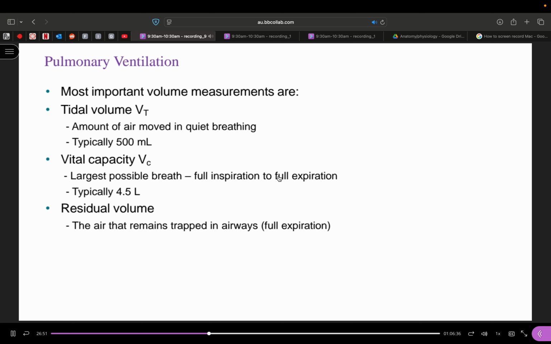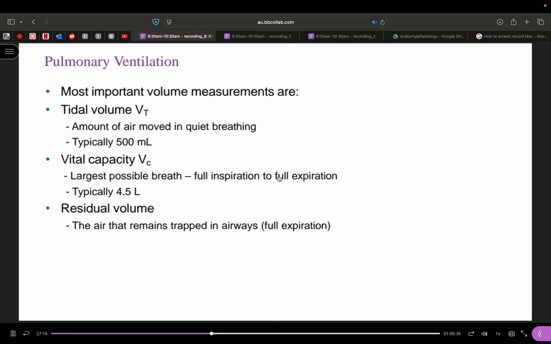First of all, I'd like you to remember your tidal volume, the vital capacity, and the residual volume. Your tidal volume is the amount of air moved in during quiet breathing. It's usually about half a liter of air. The vital capacity is the largest possible breath with full expiration, and that's typically around half a liter off what you would need bringing in your tidal volume.